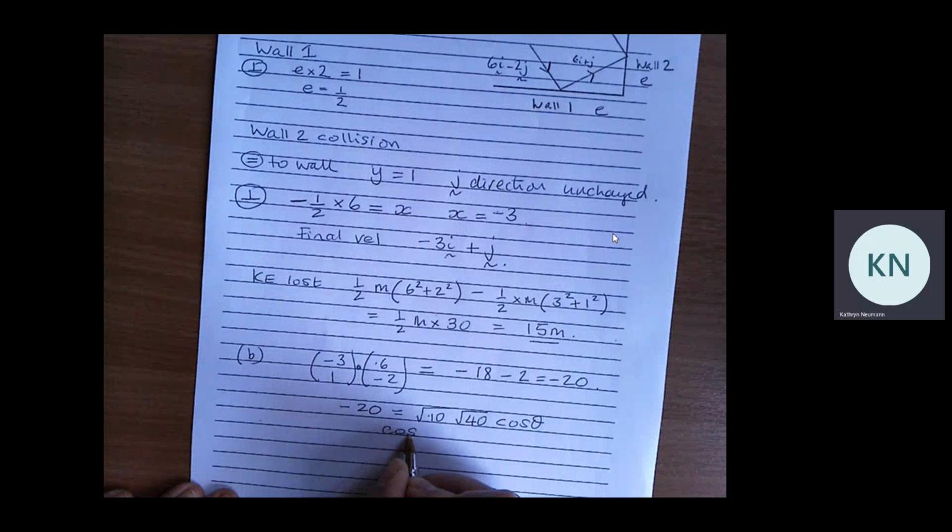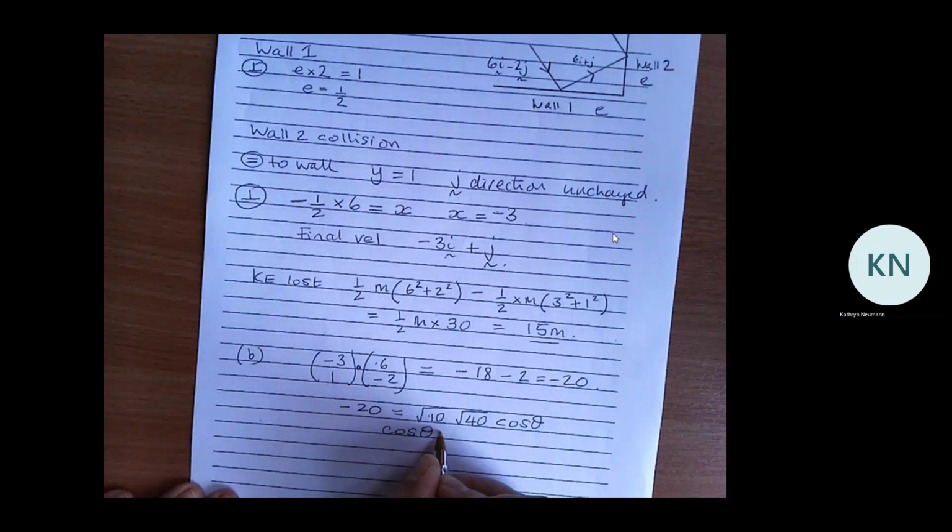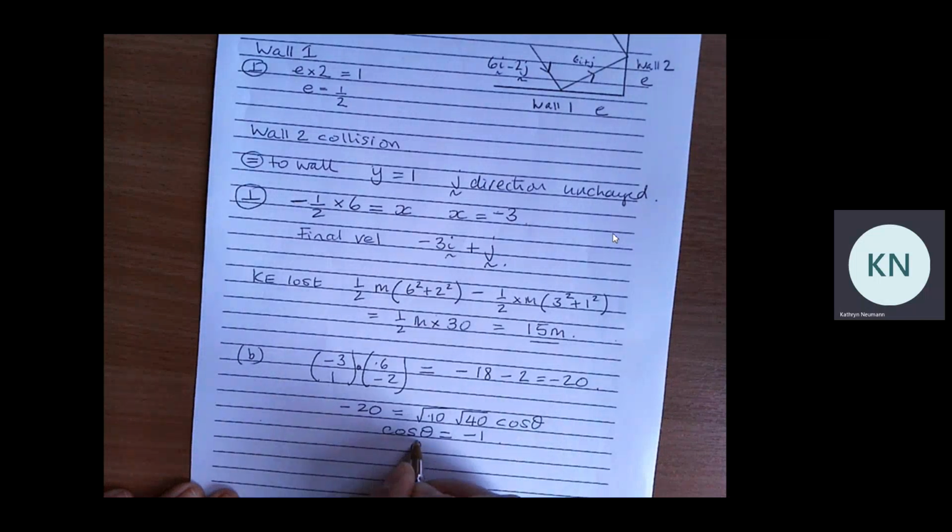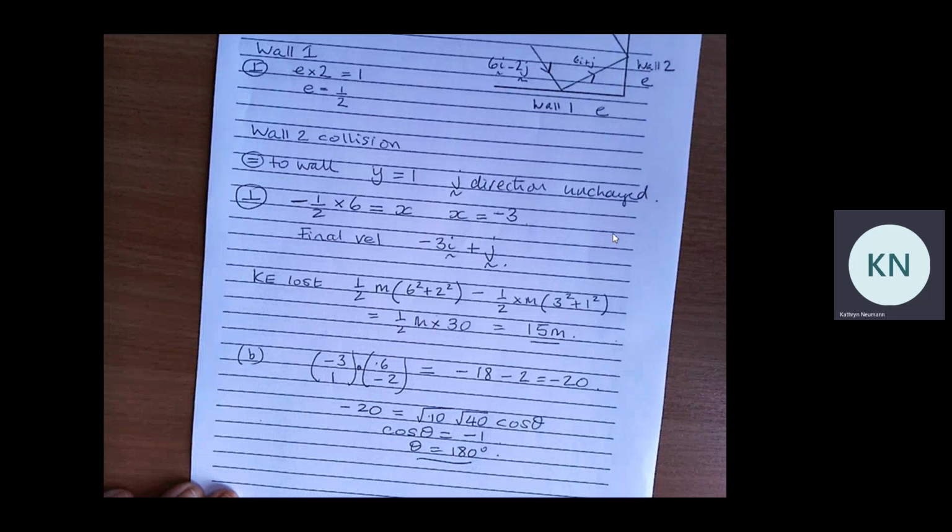So I get from that that cos of theta is equal to minus 1, and that gives me theta is 180 degrees. So that's what we would expect it to be. I think you could probably just write that down from these two vectors, but it doesn't do any harm to show that little bit of working out.